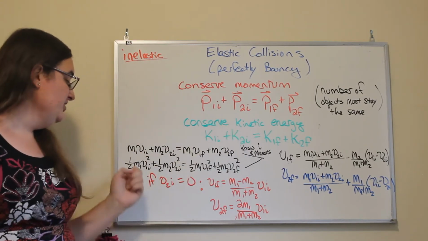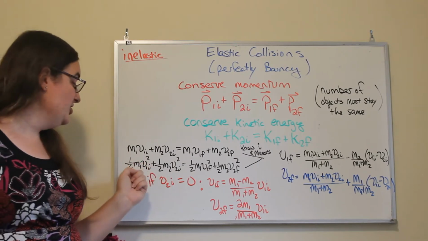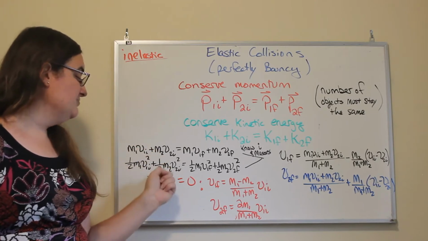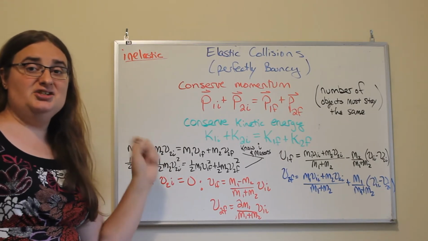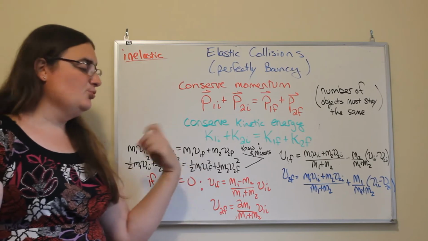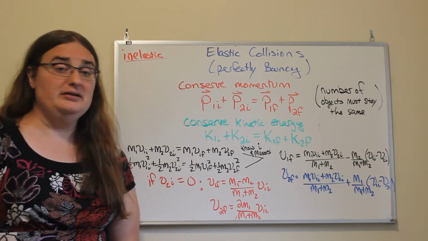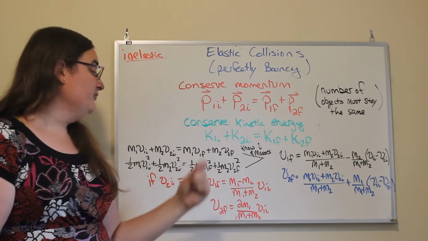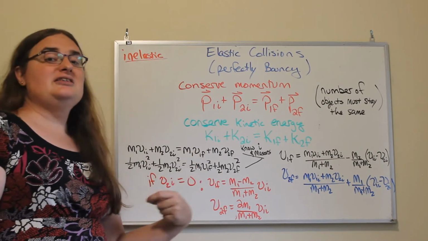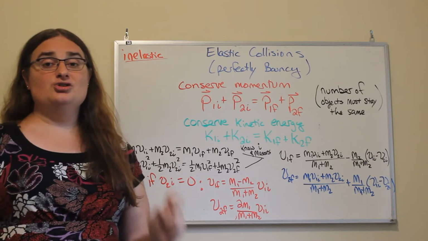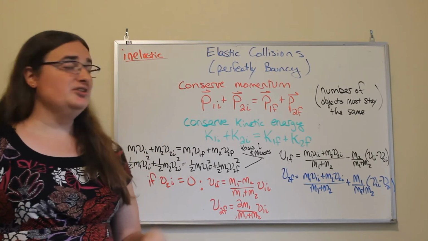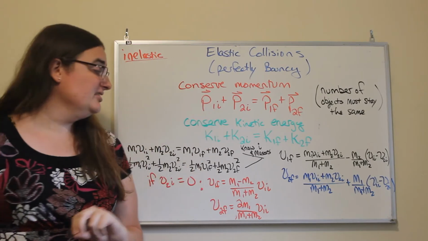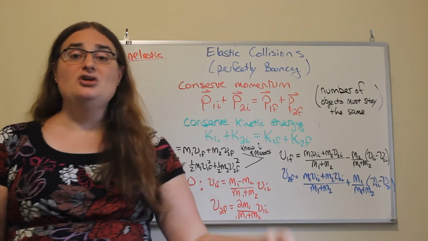And for kinetic energy, 1/2 times the mass of object 1 times its initial speed squared plus 1/2 times the mass of object 2 times its initial speed squared equals 1/2 times the mass of object 1 times the final speed of object 1 squared plus 1/2 times the mass of object 2 times its final speed squared. We have two equations to work with. So with elastic collisions, that means we can have two unknowns.